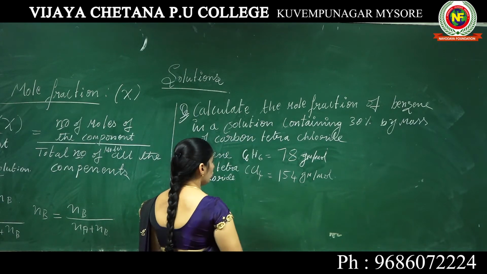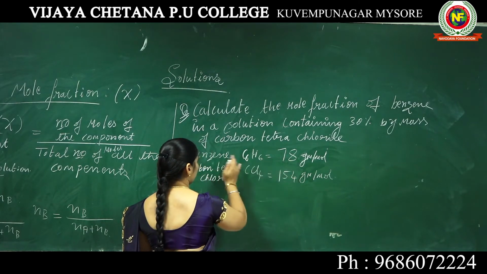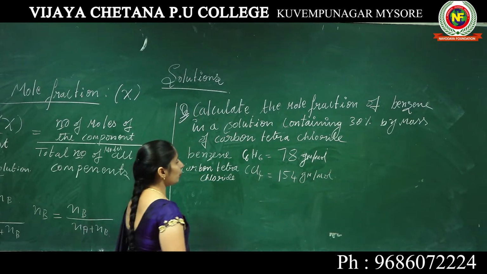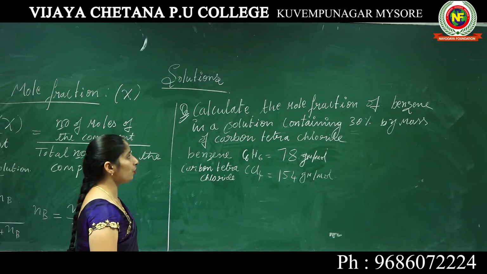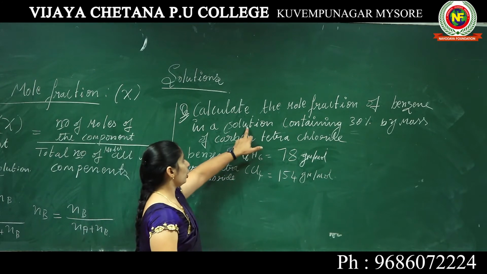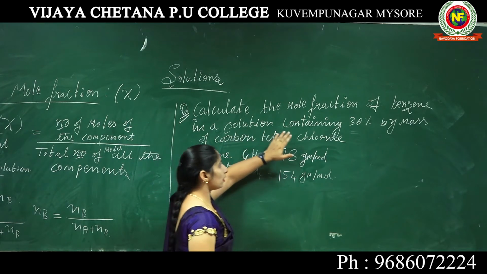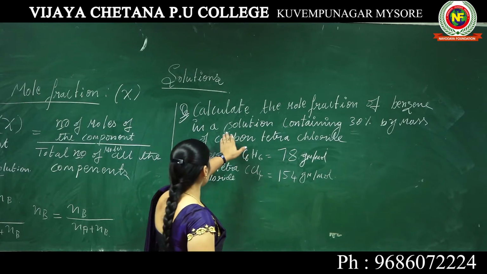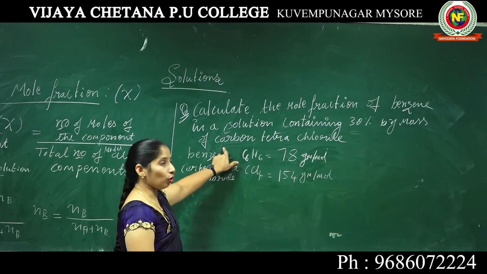mole fraction? So we know that 78 is the molecular mass of benzene, then 154 is the molecular mass of carbon tetrachloride. So if you take the 30%, in a solution, you have to find out the mole fraction in a solution containing 30% by mass of carbon tetrachloride.